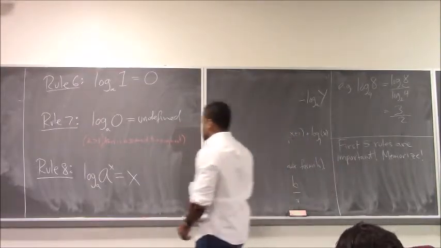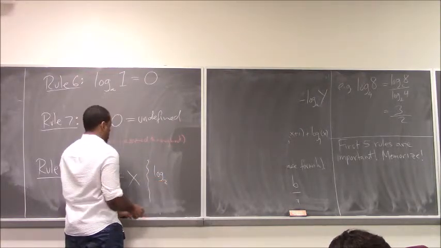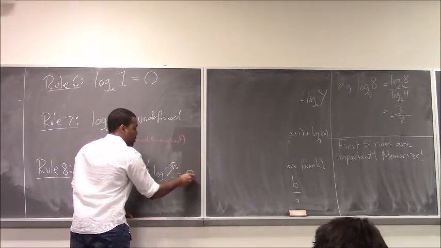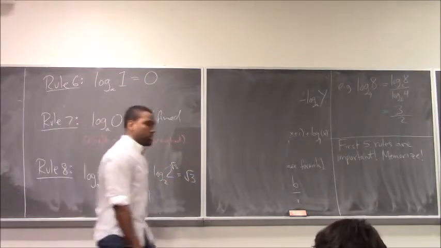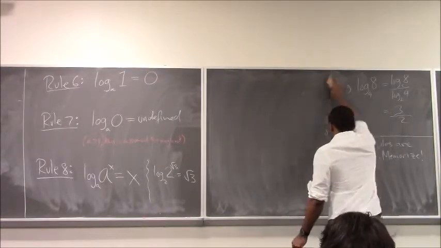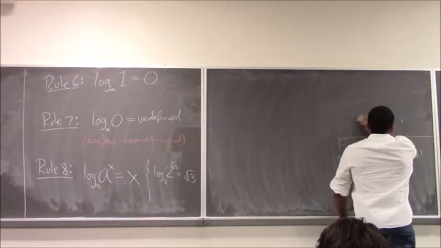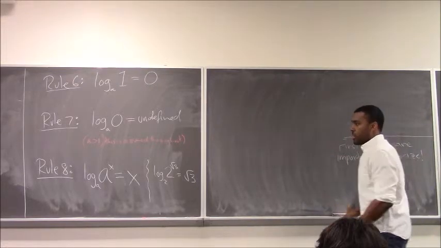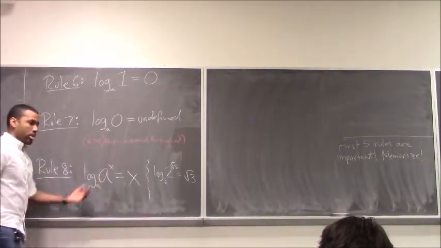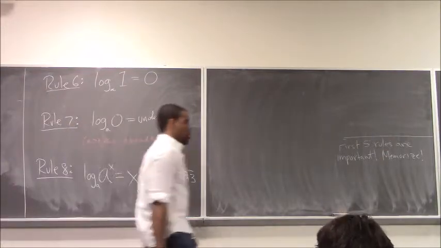So you would know something like log to the base 2 of 2 to the radical 3. Well, that's just radical 3. If the base of the log and the exponential you're plugging in are the same, you can think of the log and the exponential as canceling each other. You plug an exponential into log, they kill each other, and you end up with the exponent.